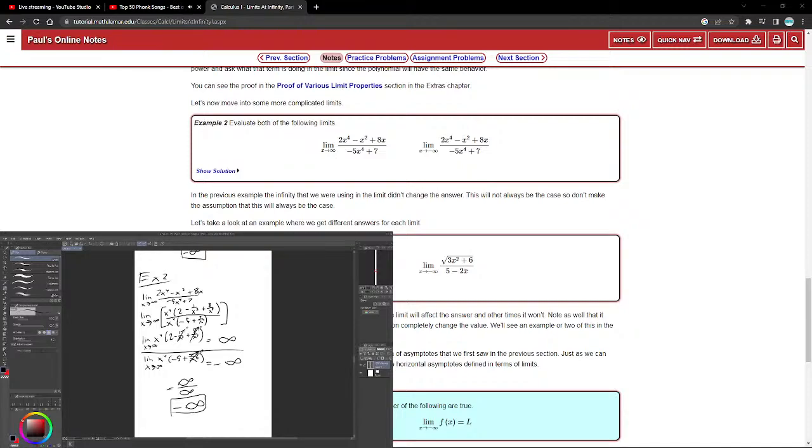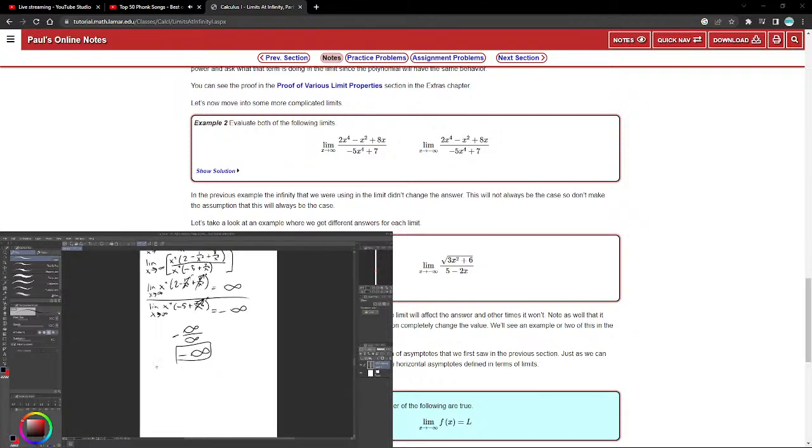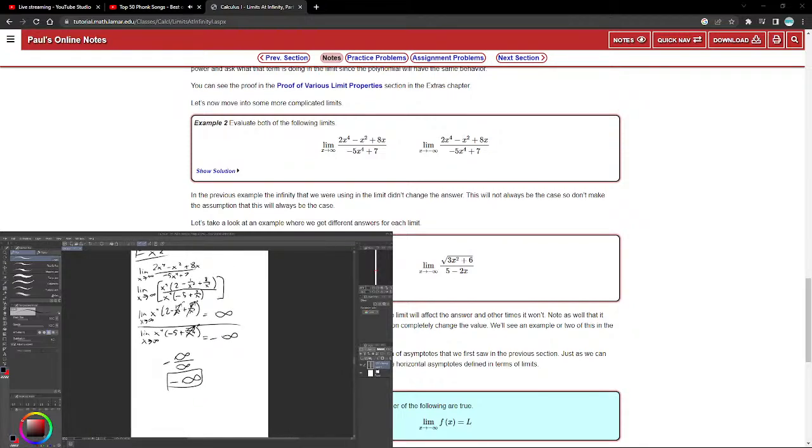Yeah. So this would still be positive infinity because it's an even exponent. The bottom would still be negative, they'd be the same thing.